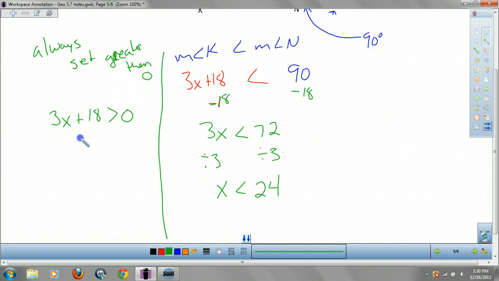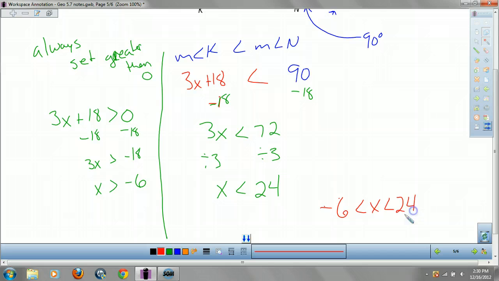Okay? So I subtract my 18, subtract my 18, 3x greater than negative 18. X has to be greater than negative 6. Okay, so my final answer is x has to be between negative 6 and 24.